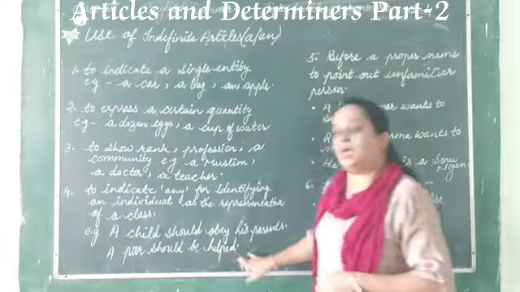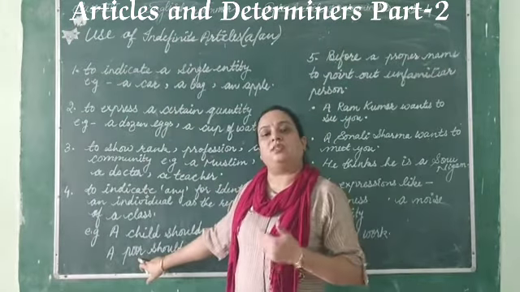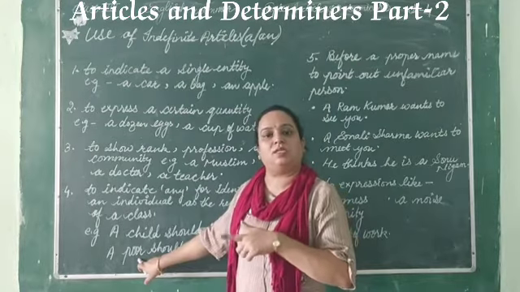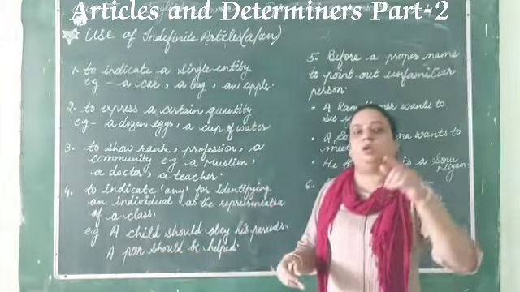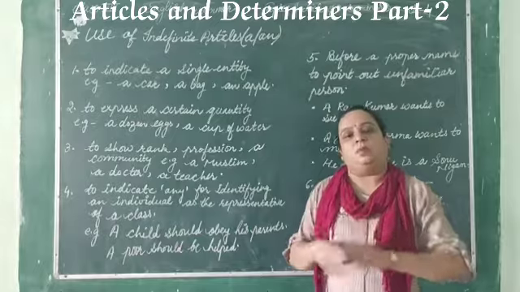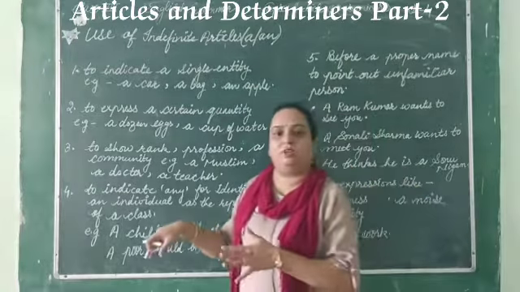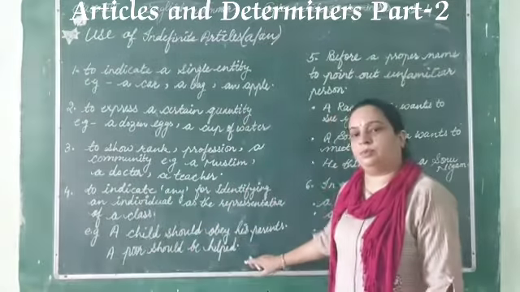A poor should be helped. In this second example I have taken poor. So that poor as a representative of this class. What is the class? Poor class, okay? So a poor should be, I am not talking about only one poor, I am talking about all the poors. This I have taken as a representative here of that particular poor class, okay? So a poor should be helped.